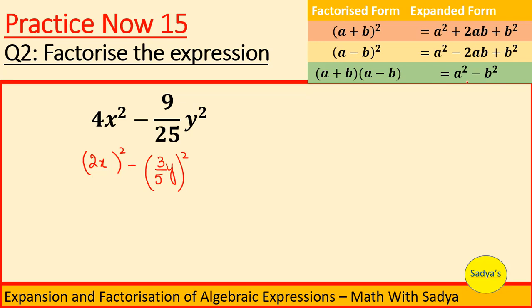And using the third identity, a square minus b square, we can write it as a plus b and a minus b, where a is 2x and b is 3 by 5y. So this is the factorized form of the question.